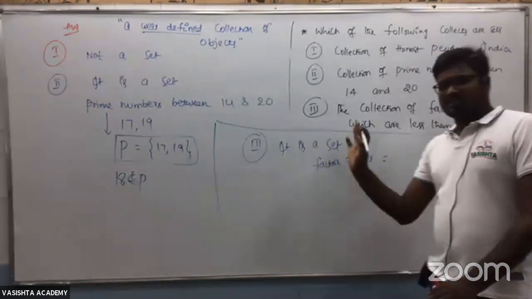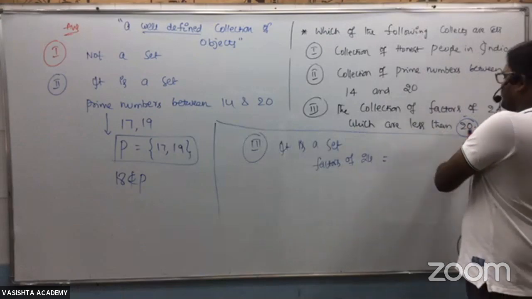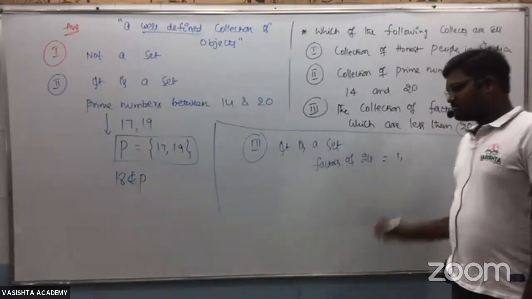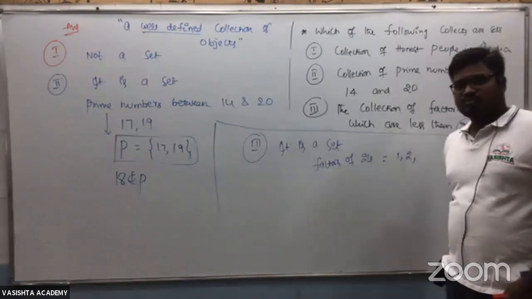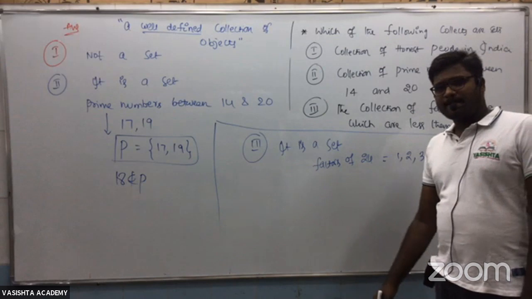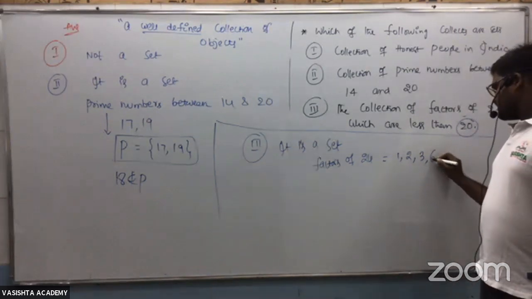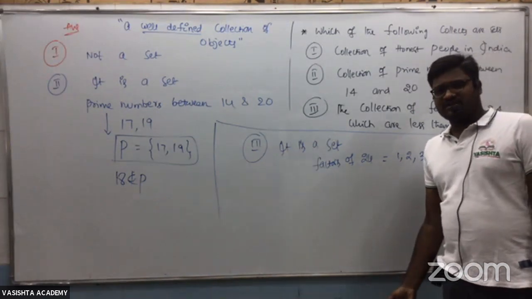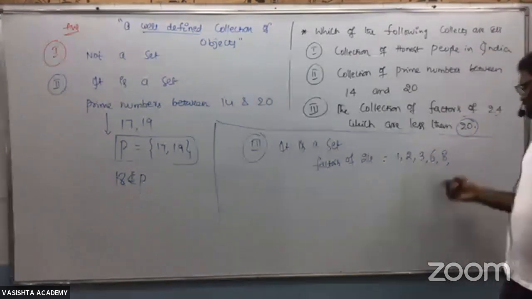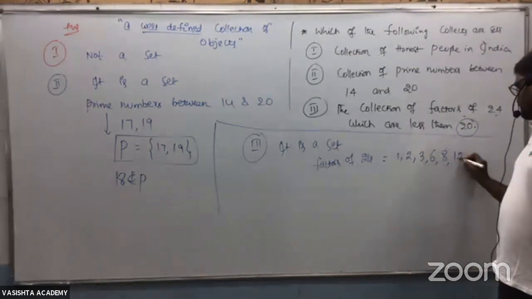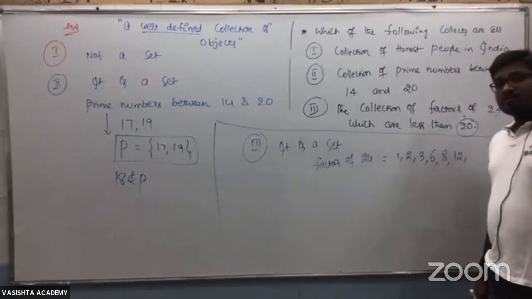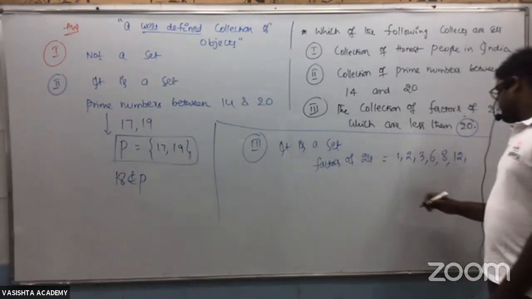First, we will write all the factors of 24 and then we will take only those factors which are less than 20. 1 is definitely a factor. 2, isn't it? 3. Then 6. 6 is a factor of 24, right? 8. Next, 12. Anything else? Yeah, we missed 4.